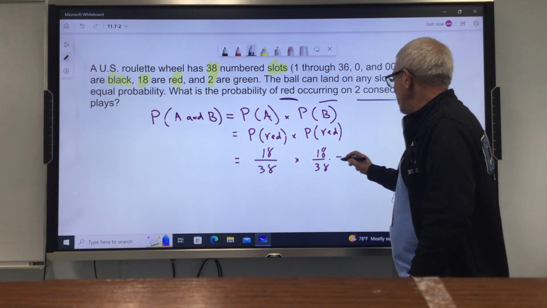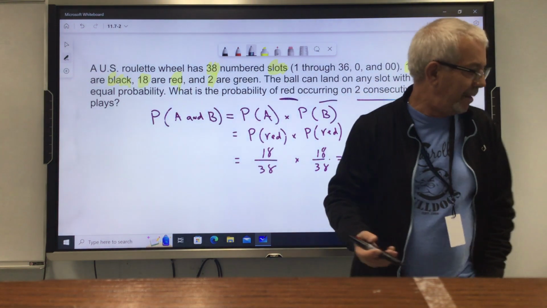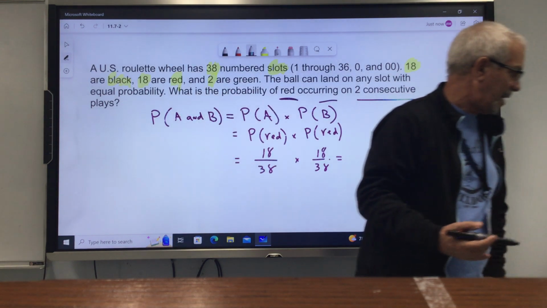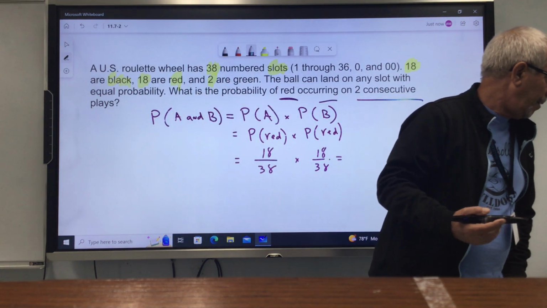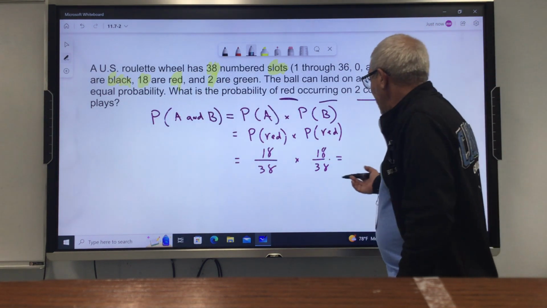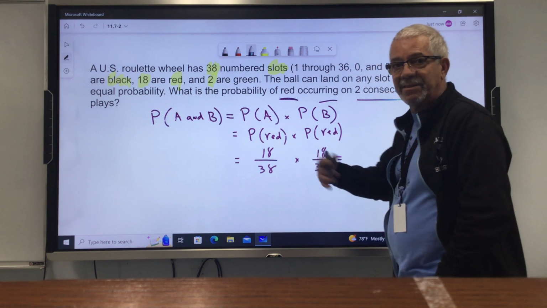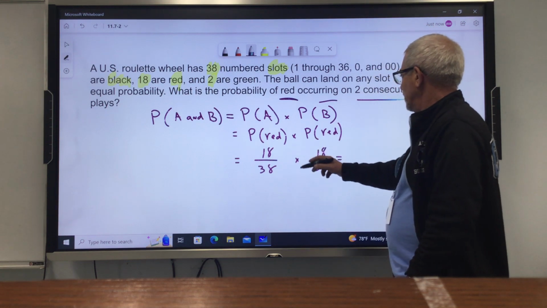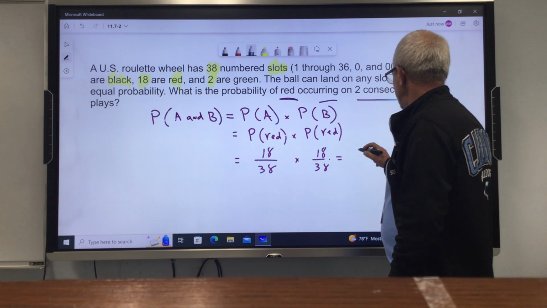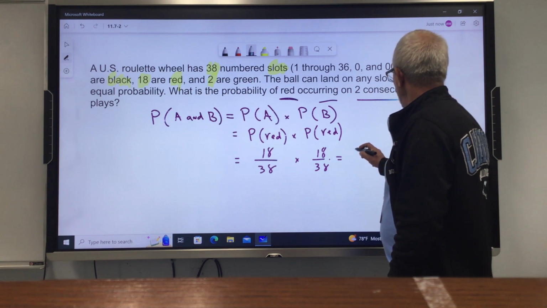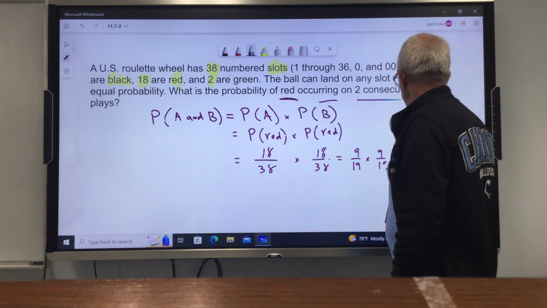If you want, you simplify first and after multiply, or you multiply and after simplify. That is up to you. 18 over 38 is 9 over 19, multiplied by 9 over 19.